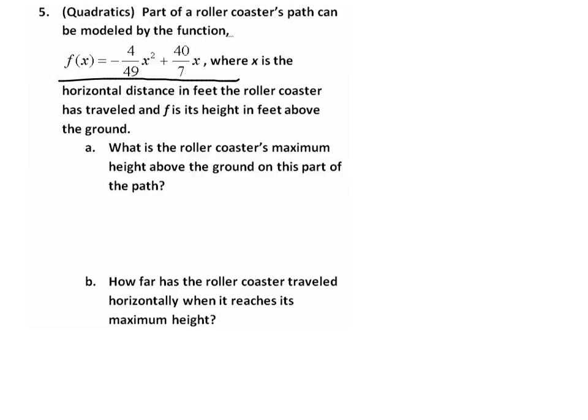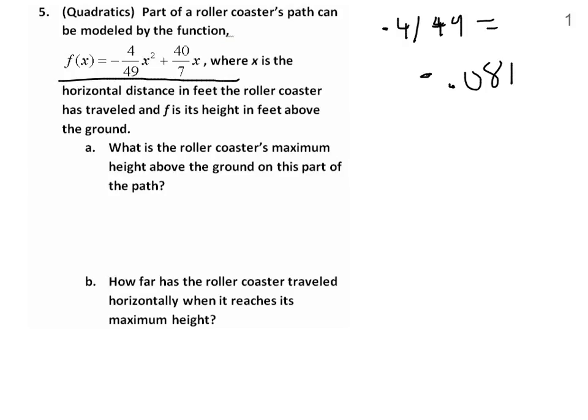Here's the thing. First thing I would do is change all of my fractions into decimals. So I need to figure out what negative 4/49 is, and you will get negative 4 divided by 49, negative 0.0816326531.